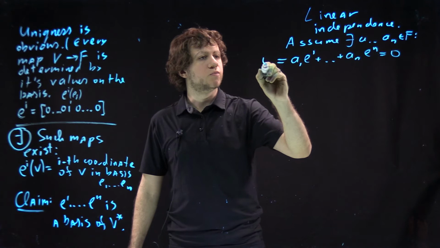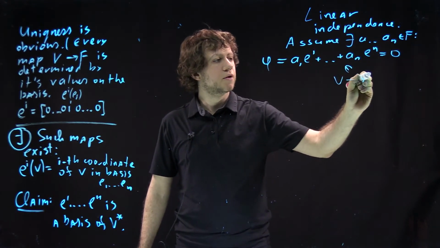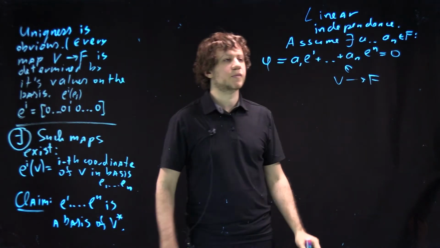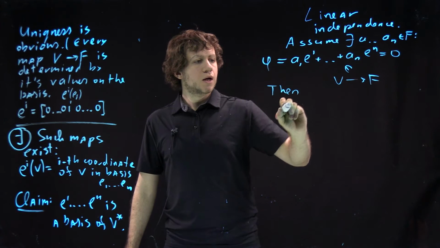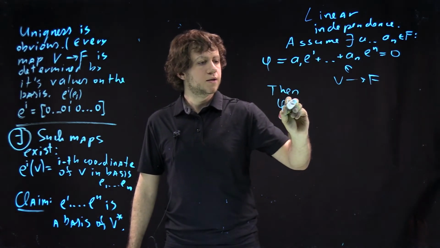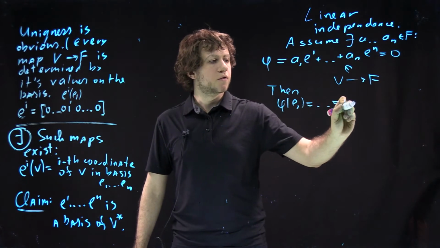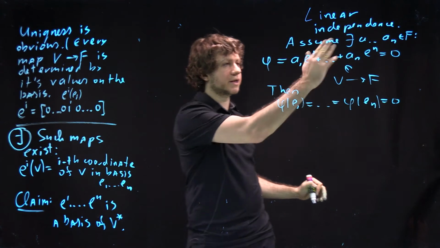And this I will denote by phi. So remember, it's a map from V to F. So it's a linear map, element of V star. So then phi of e_1 equals and so on equals phi of e_n equals 0.